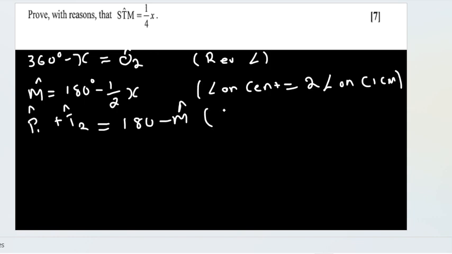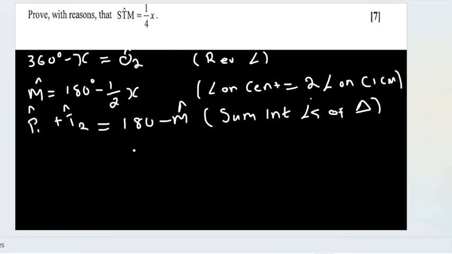This one, they are the sum of interior angles of a triangle.